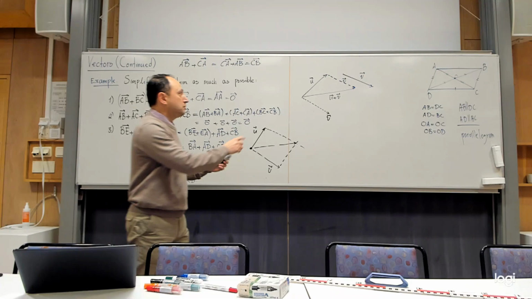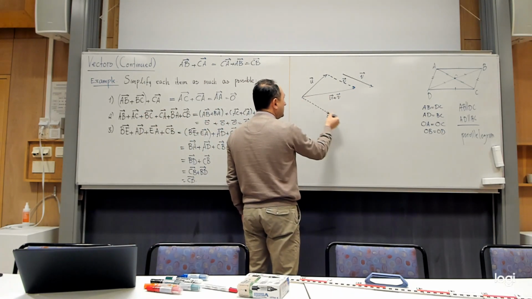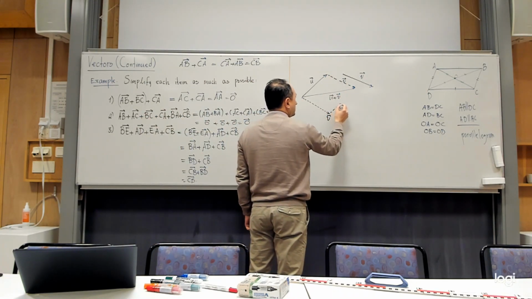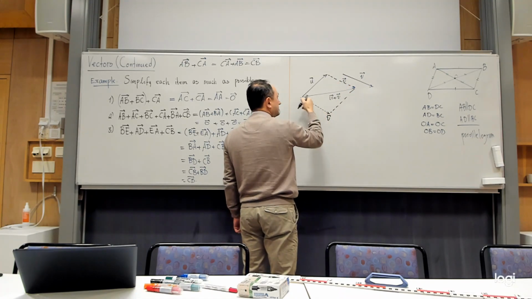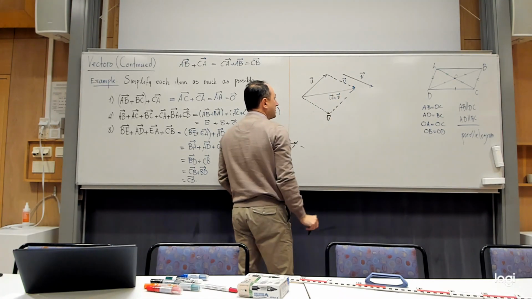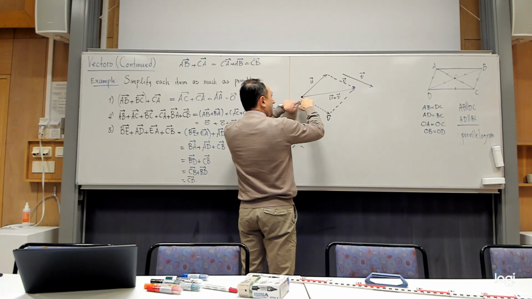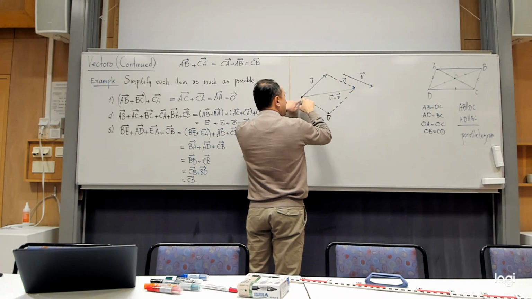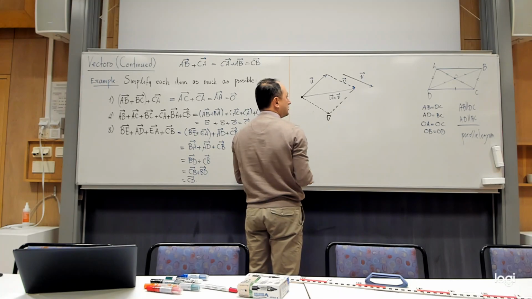Yes? So in this picture you see that the parallelogram after being completed is exactly this picture, and then I will take this one and connect it to this point, which gives me exactly the same vector.